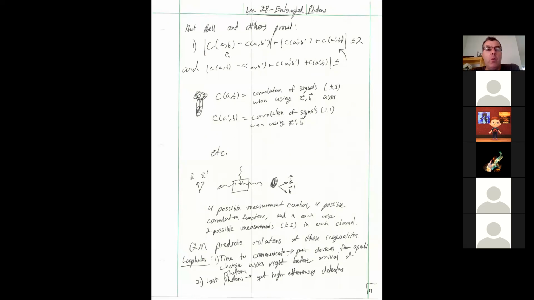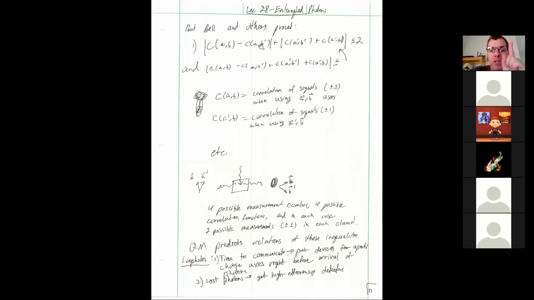There are some inequalities that people have worked out involving the correlation functions, the correlation between the two variables. If we only consider four possible axes, A, A prime, B, and B prime. So C of A, B is, what if we happen to be using axis A on the left and axis B on the right?